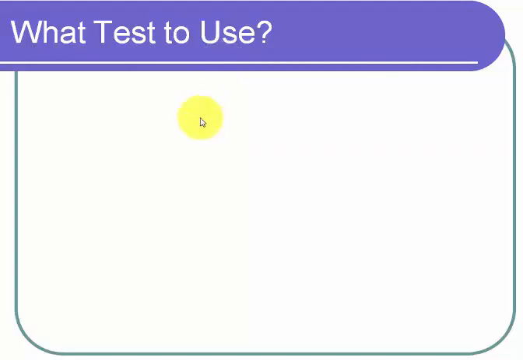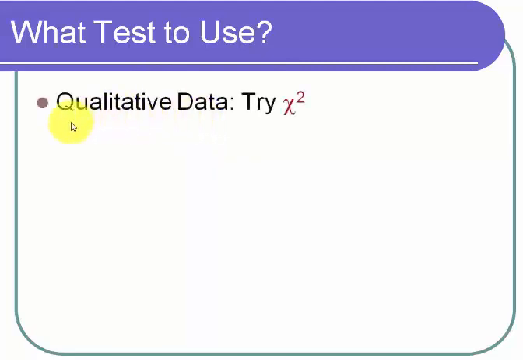The first question you should ask yourself is, is a survey question quantitative or qualitative? If the survey question is qualitative, then in this class, the only test we know how to use is the chi-squared test. And if you remember, there were 3 different chi-squared tests that we had.